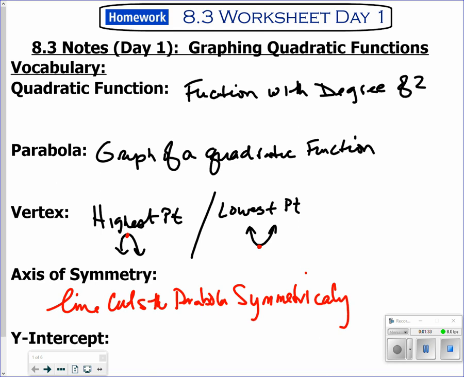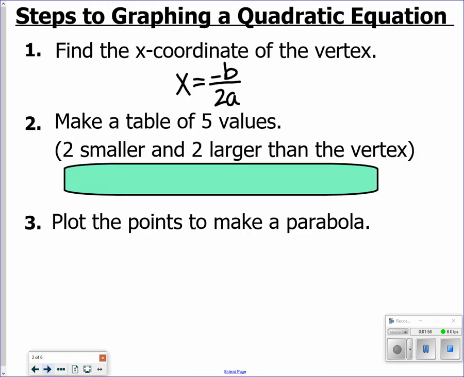The y-intercept is the point where the graph crosses the y-axis. And so there'll be a formula for the y-intercept in this particular situation. So again, in this lesson, the y-intercept will make a little bit more sense.